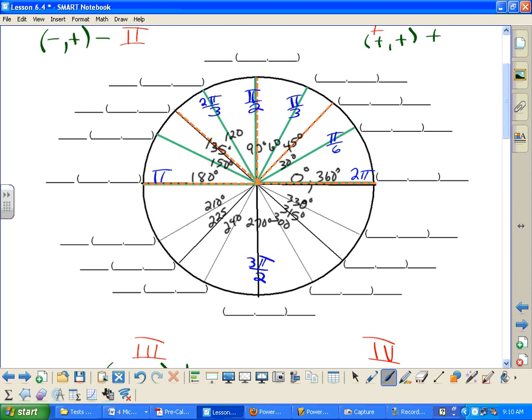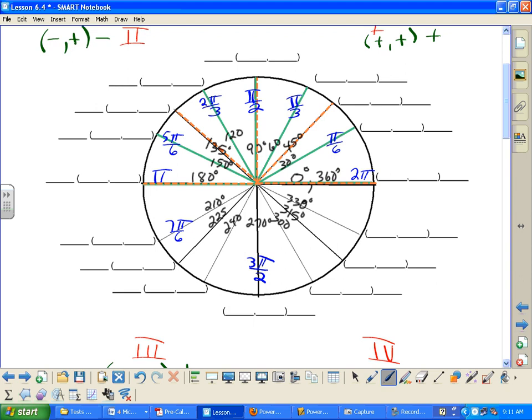And then the next green line would be 5 pi over 6. So all I'm doing is adding by 1/6 all the way around. We add one more, we get 6 over 6, which is 1.